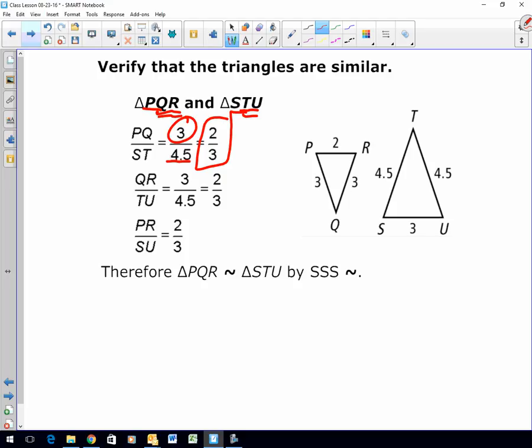Finally, I'm going to take the last side, PR, over SU. That's 2/3. All three of my sides are proportional. Using the side similarity postulate, I can conclude that the two triangles are similar.